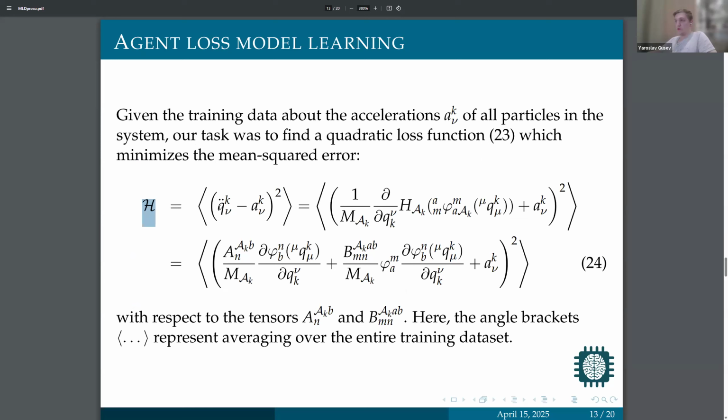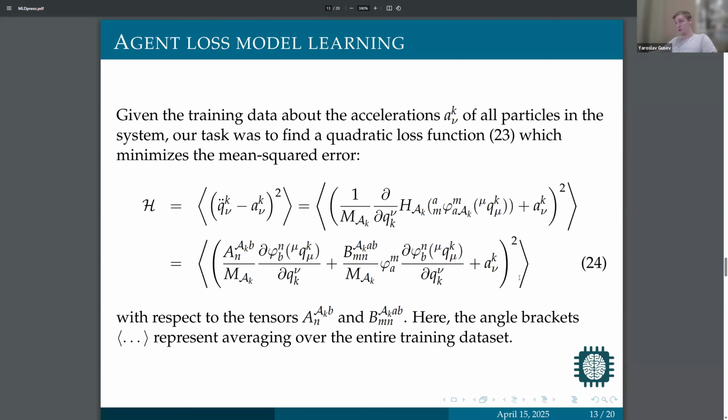We train in order to minimize the mean squared error loss function, meaning that we want our Q double dot of the learning particles to be as close as possible to the real a_k nu. And these a_k nu values are from the data set, from the correct simulation of water.